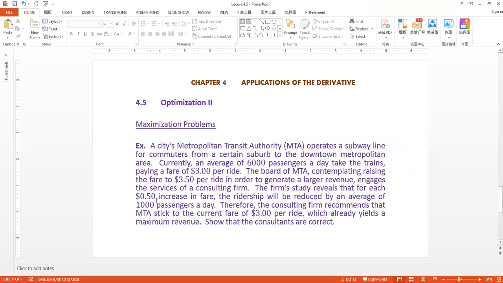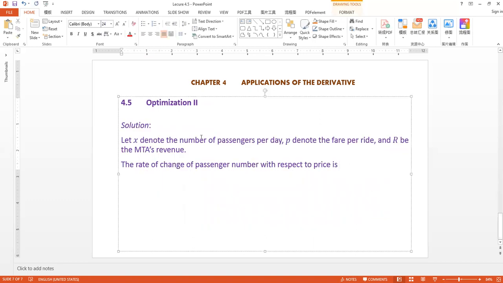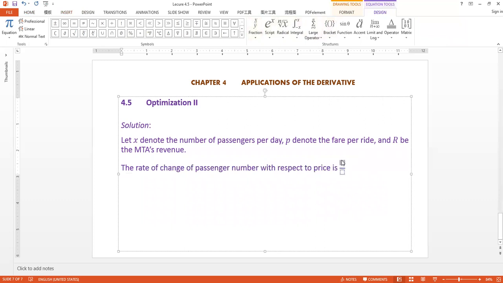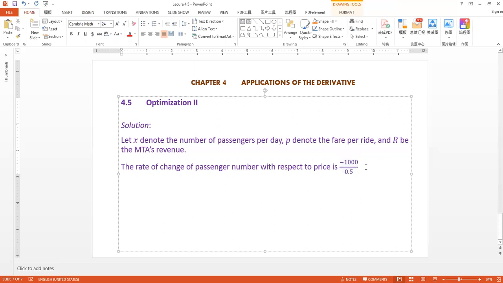For every 50 cents increase in the fare, you reduce the passengers by 1,000. So that'll be negative 1,000 divided by 0.5, in dollars. It's negative because you get a reduction of passengers. So that's the rate of change of passengers with respect to the change of price.